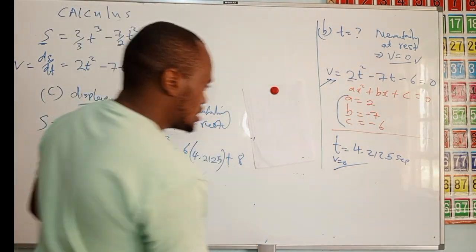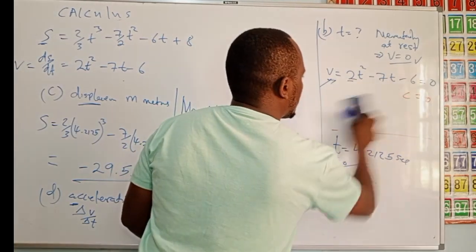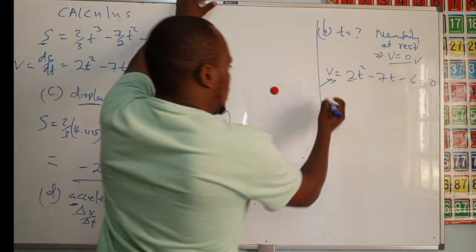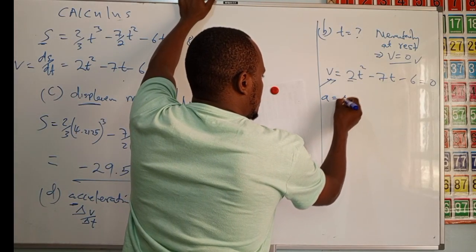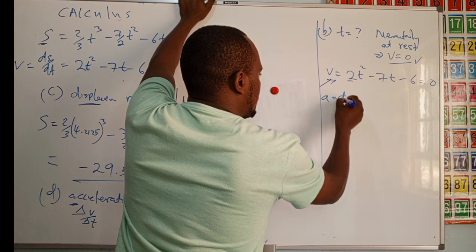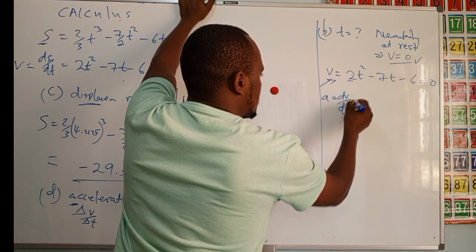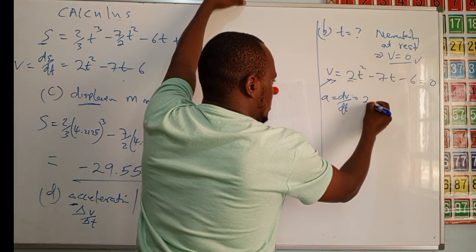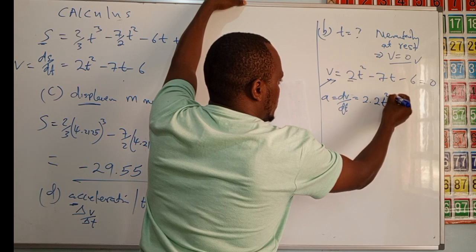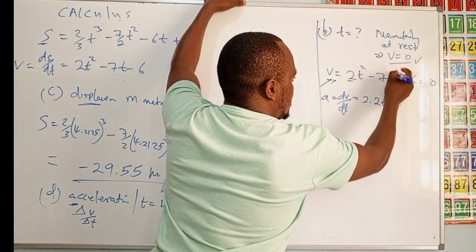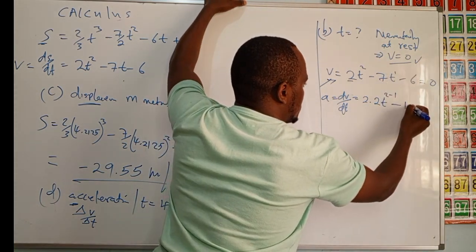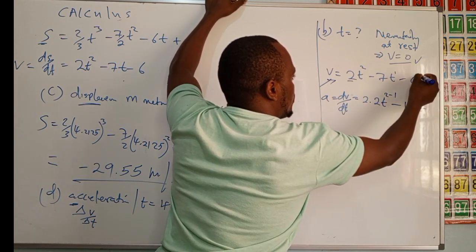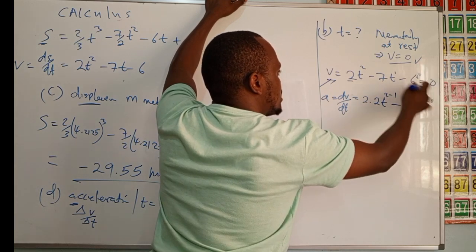So acceleration, dv over dt, is equal to: you say 2 times 2, then t to the power 2 minus 1, minus 1 times 7, then t to the power 1 minus 1. Here t is raised to 0, so when you multiply it disappears.